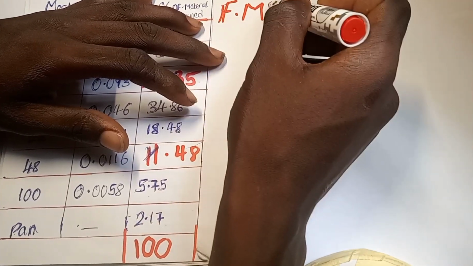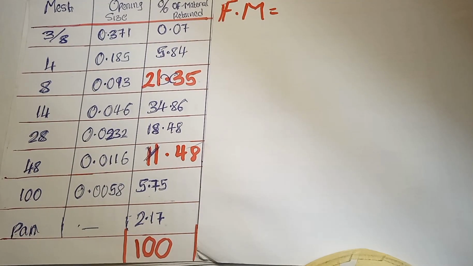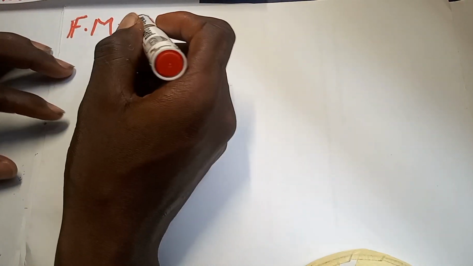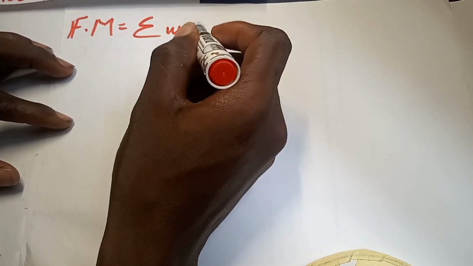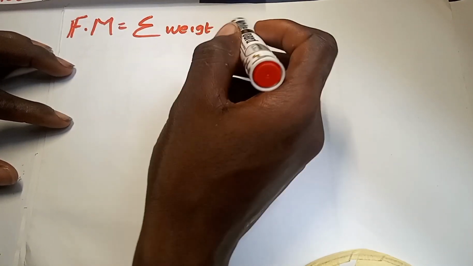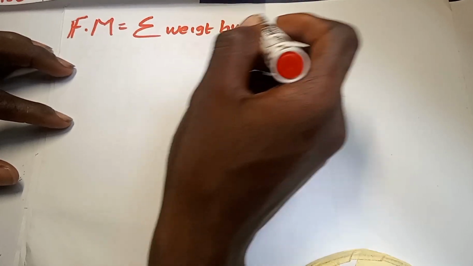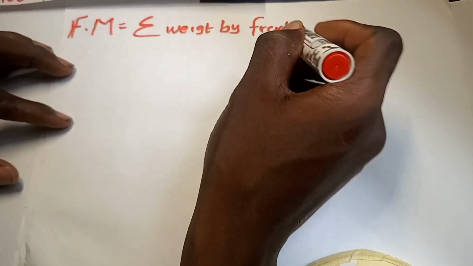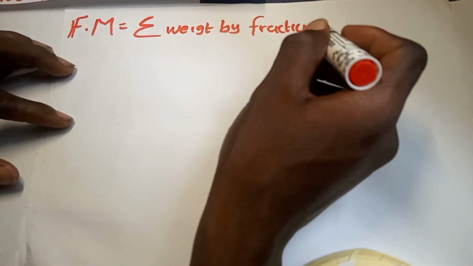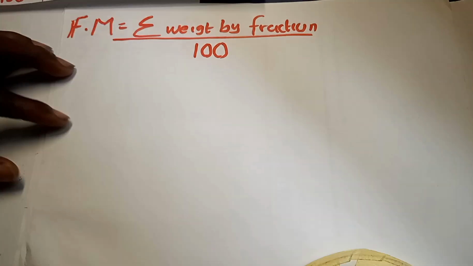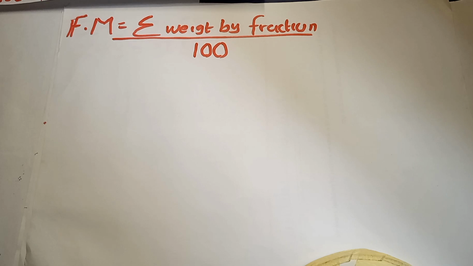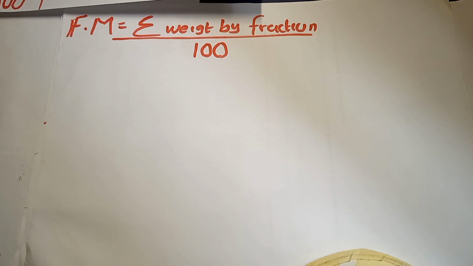Fineness modulus equals the sum of the weights by fraction all over 100. So how do you get the sum of the weight by fraction from your table?